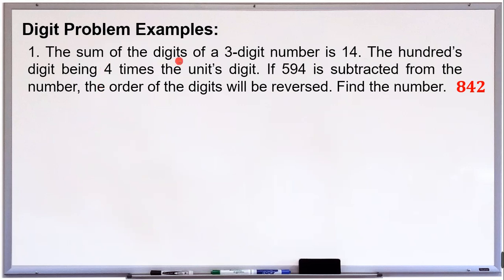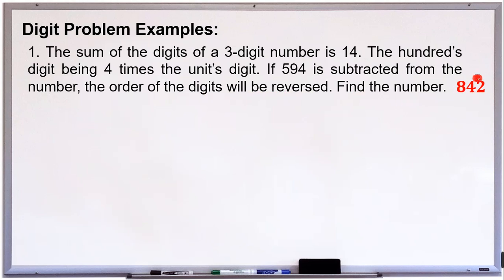The sum of the digits of a three-digit number is 14, the hundreds digit being 4 times the units digit. If 594 is subtracted from the number, the order of the digits will be reversed. The requirement of the problem is the number. So the number is 842.